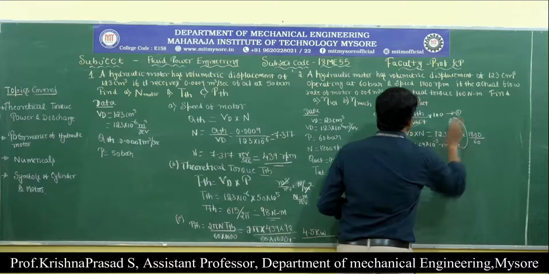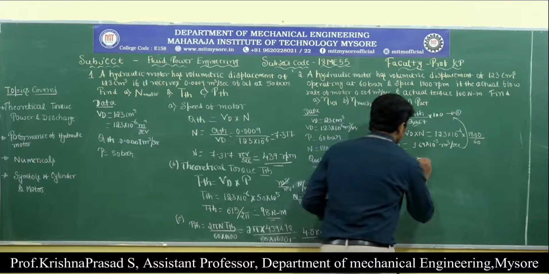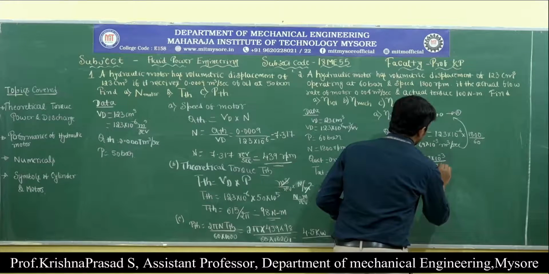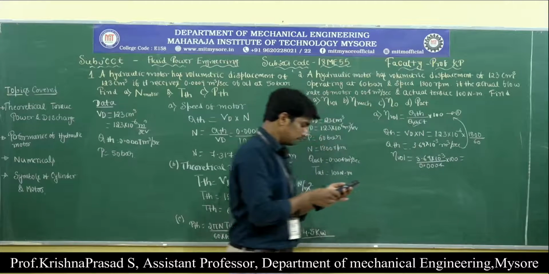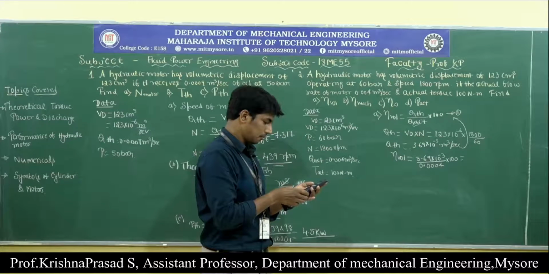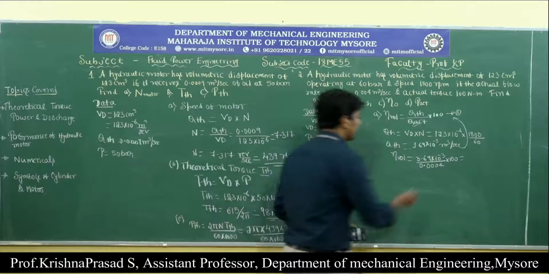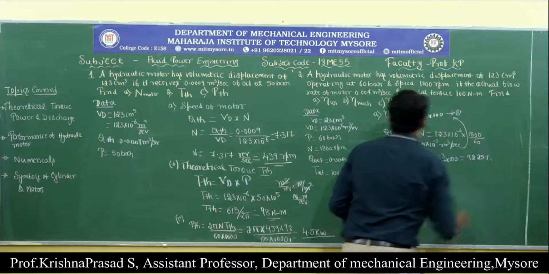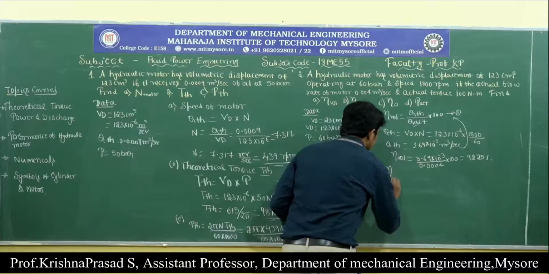Substitute this value in equation number 1, then volumetric efficiency will be equal to 3.69 into 10 to the power of minus 3 divided by 0.004 into 100. So that will be equal to 92.25%.